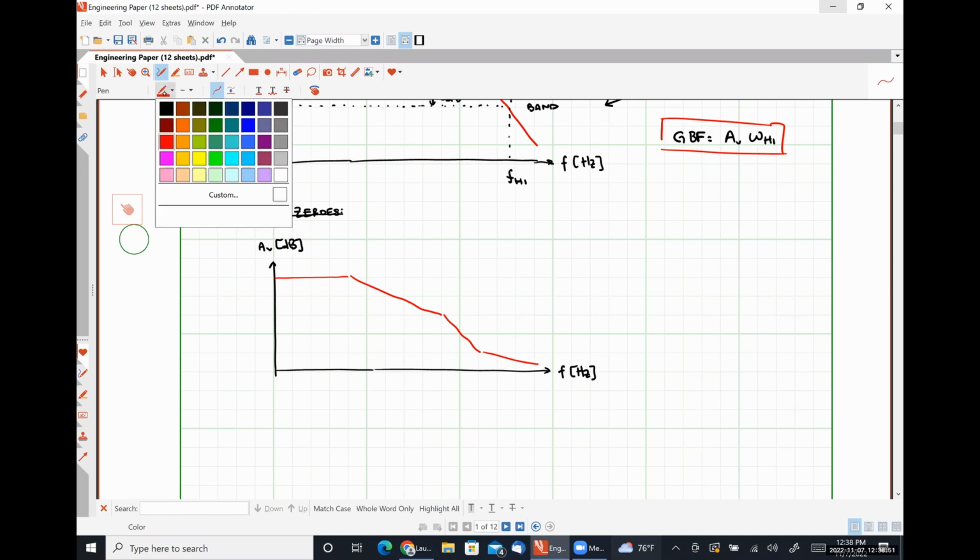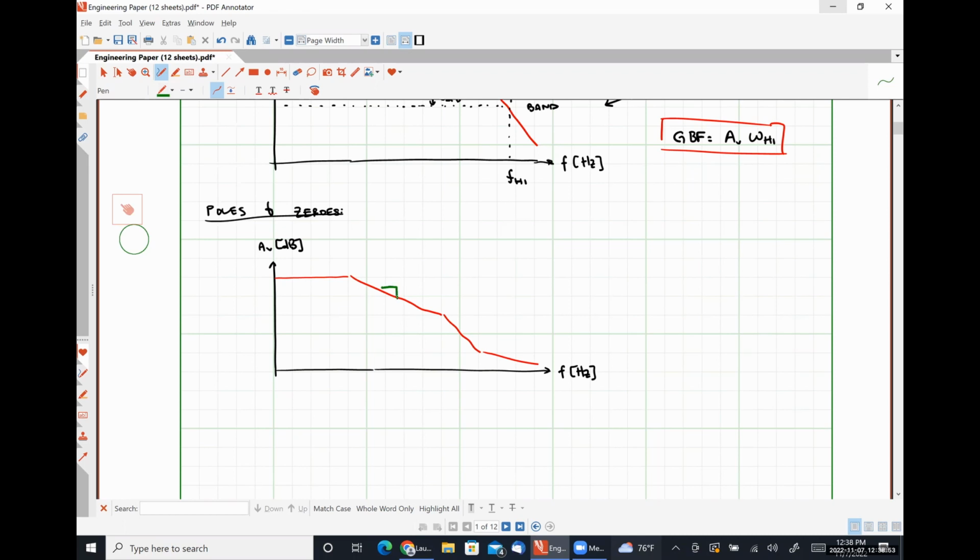Where in this region, my slope is negative 20 decibels per decade. In this region, my slope is negative 40 decibels per decade. And in this region, my slope is once again negative 20 decibels per decade.